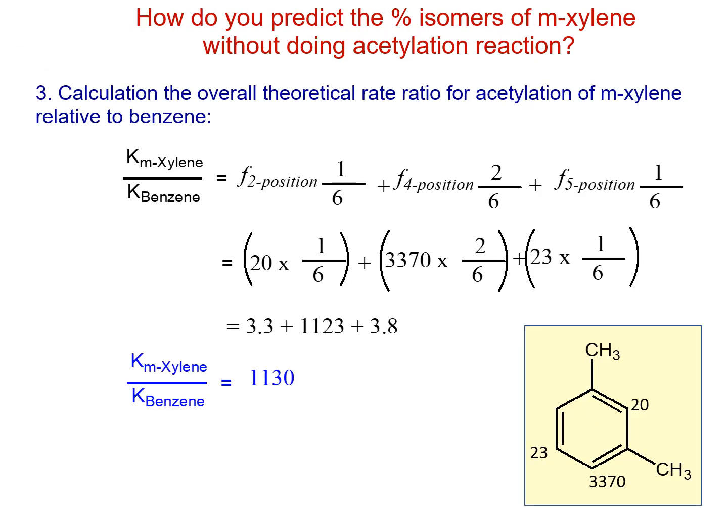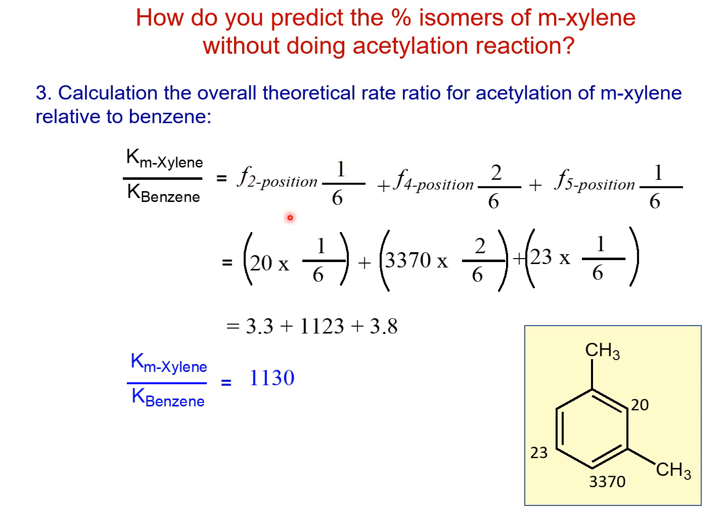The next step for the prediction of percent isomer of metaxylene for acetylation reaction is to calculate the overall theoretical rate ratio of metaxylene relative to benzene. For calculation of the rate ratio, we will require partial rate factors of each position and a multiplication factor.